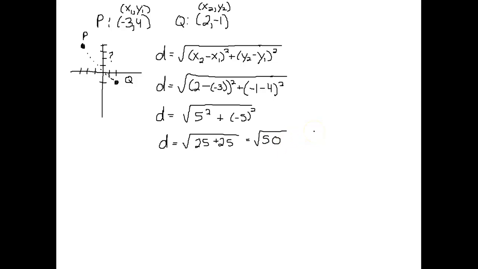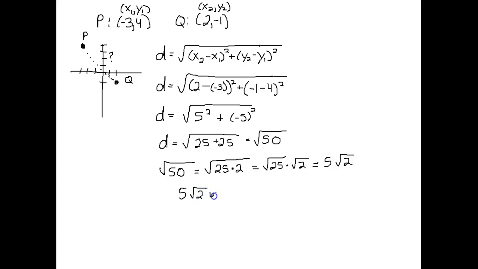If you put square root of 50 in your calculator, you're going to get a nice little decimal. So let's keep it exact, but let's simplify square root of 50. You can think about the fact that 50 is the same thing as 25 times 2, and 25 is a perfect square. Square root of 25 is 5, times square root of 2. So the distance between those 2 points is 5 square roots of 2 units.